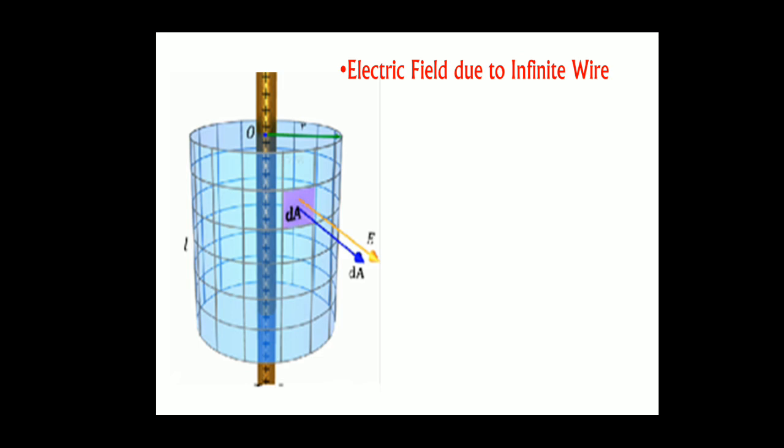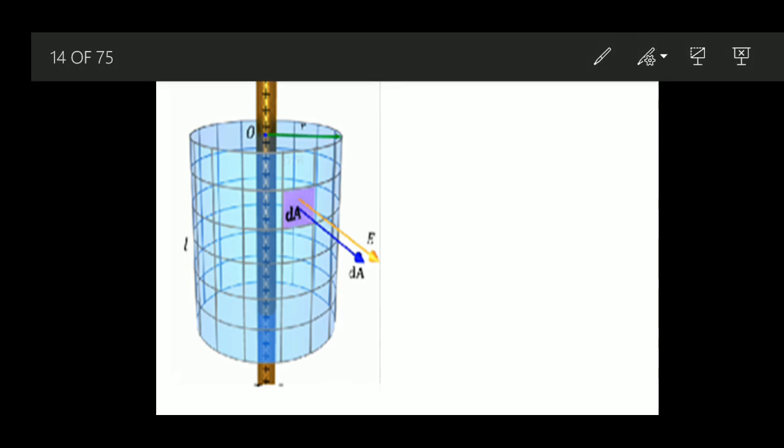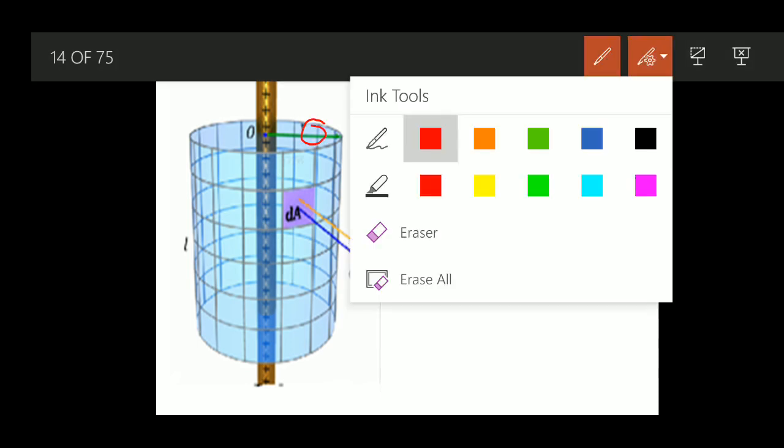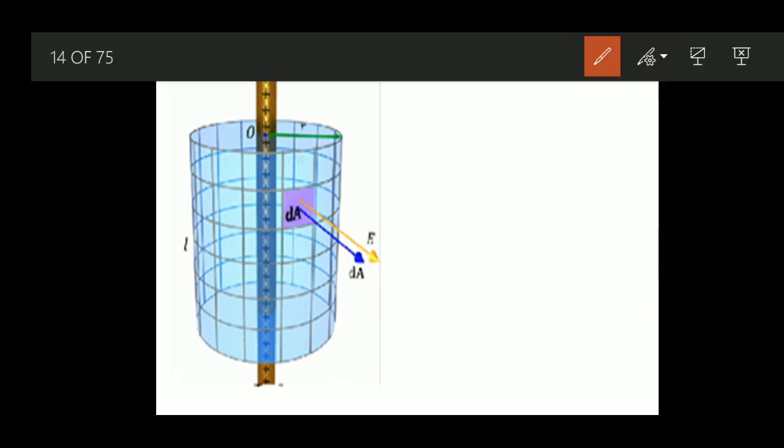Same arrangement. Children, you see the yellow one is the charge, the infinitely long wire carries charge, and the blue colored one is the cylindrical Gaussian surface. Now can you see here? It is marked as radius, the R value.